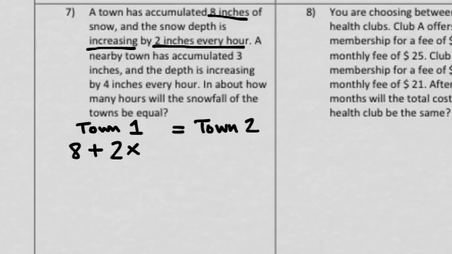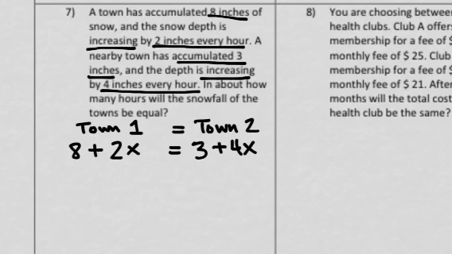Then if we go over to town 2, it says they've accumulated 3 inches. So we start with 3 there, and it's increasing 4 inches every hour. So we're going to add 4 inches times the number of hours, x. And then we would draw our line and we would solve for x. But in this note section, we're not going to solve it. Again, in your homework, you will need to.